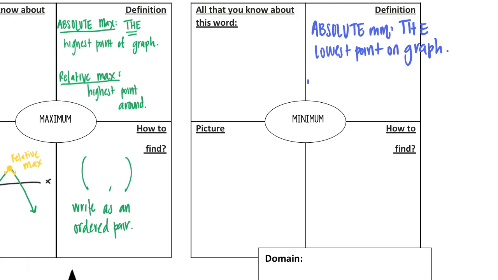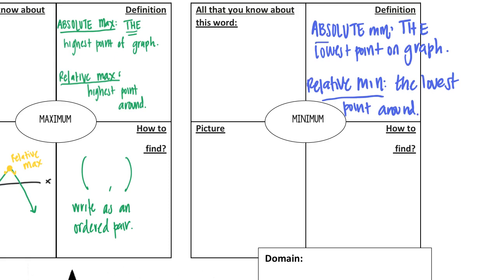On the other hand, a relative minimum is the lowest point in its neighborhood, so the lowest point around. In other words, if you're a relative minimum, you look to your left, you look to your right, and all the points around you are higher than you, but you're not the lowest point on the graph.